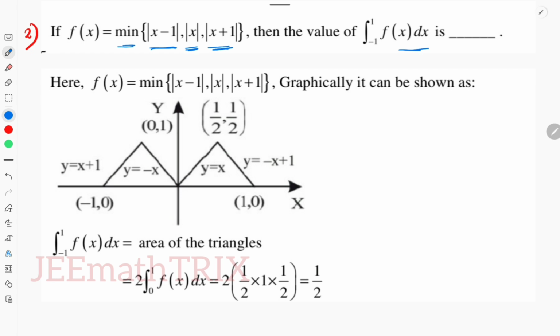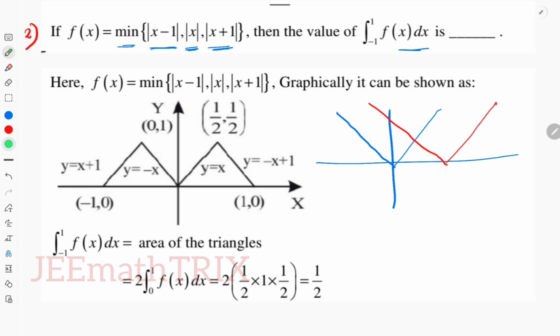So if you draw the graphs of all the three functions, this is the mod x graph, this is the modulus of x minus 1, and this is the modulus of x plus 1.